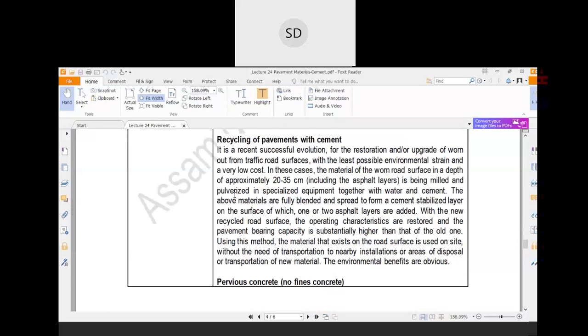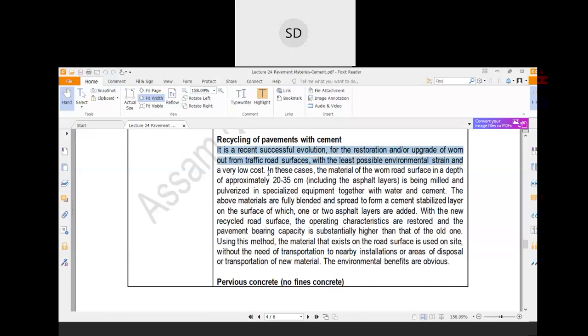Then, recycling of pavements with the cement. This is a very cost effective method. It is a recent successful evaluation for the restoration and upgradation of worn out pavement from the traffic road surfaces with the least possible environmental strain and a very low cost. Therefore, this method is very much useful.